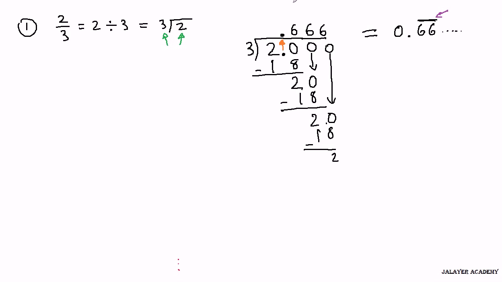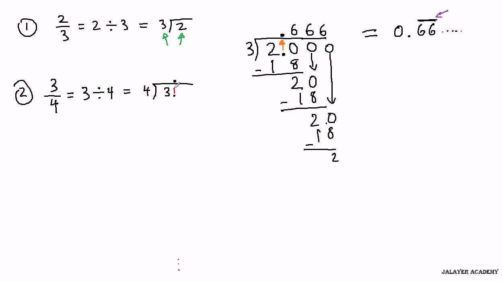Okay? So let's do another example. How about 3 divided by 4? Well, we can write this as 3 divided by 4, and then this in the classical way. Now, 4 doesn't go into 3, so we need to introduce the decimal point. We write that decimal point again directly above.